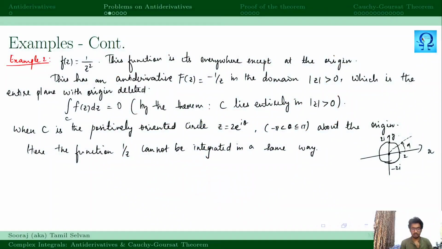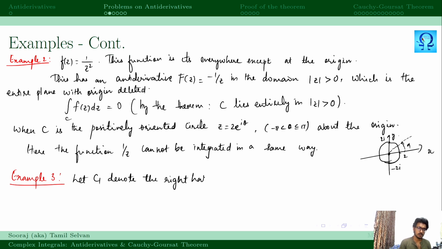We have seen up to this example in the previous lecture. Now we are about to see the next example. Let C1 denote the right half of the circle z equals 2 e to the power iota times theta.